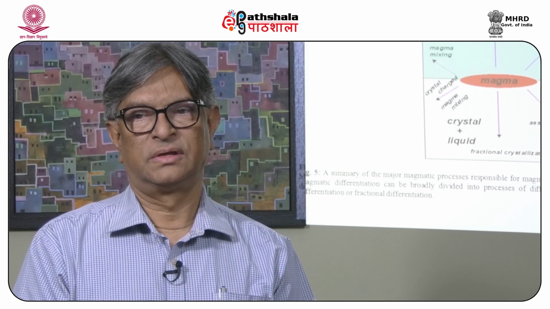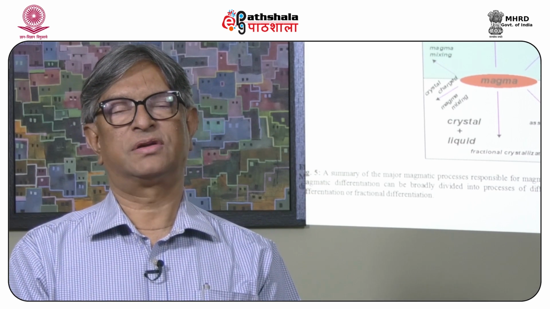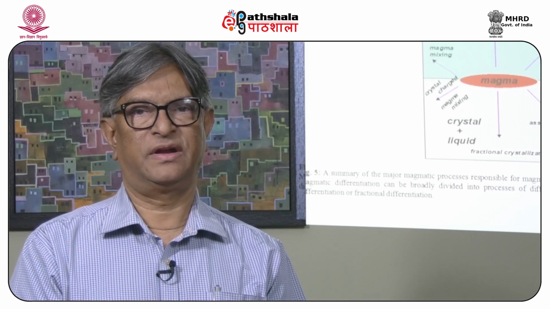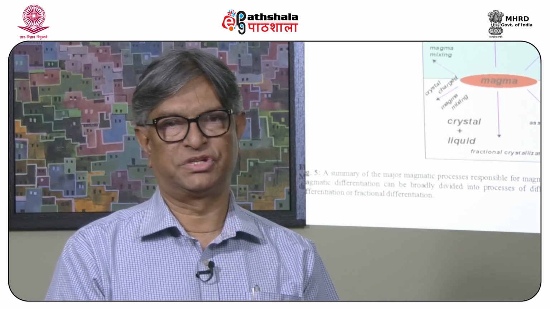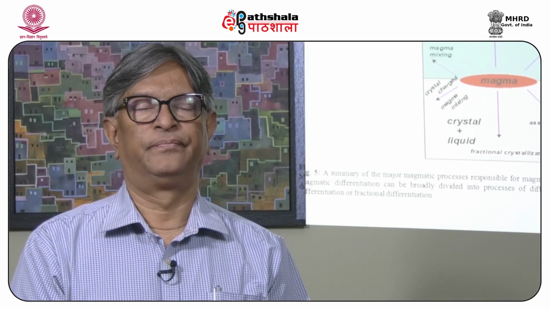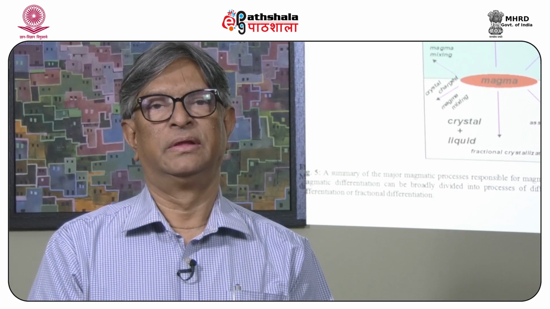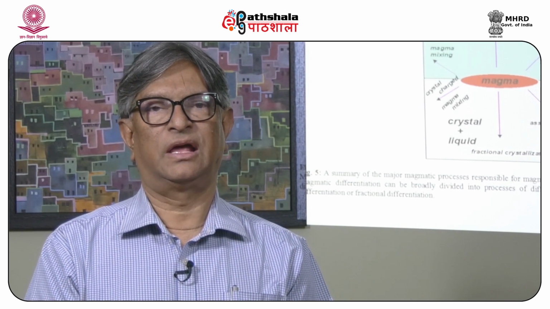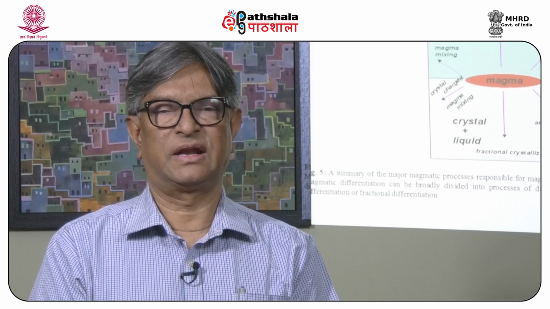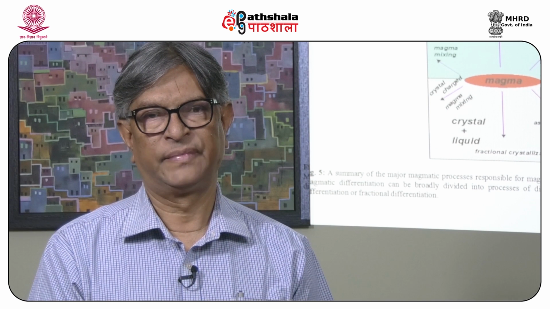So the rocks that will form under different parts of the earth will be different in terms of their composition. So when it is generated in the crust, it is forming silica and alumina rich rock known as granite or granodiorite, andesite, dacite, rhyolite.